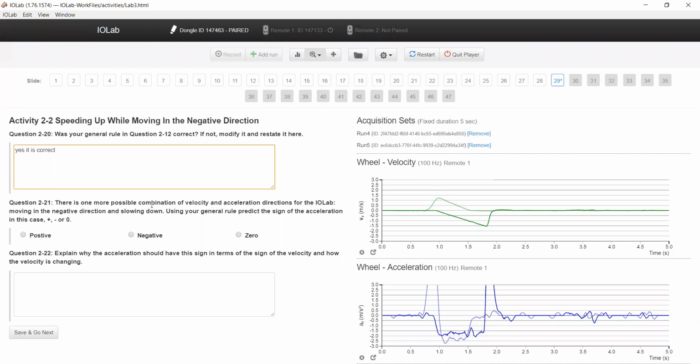Based on our general rule, we have been asked to answer this question. We have not done one combination, which is slowing down in a negative direction. We did speeding up in a positive direction, slowing down in a positive direction, and speeding up in a negative direction.